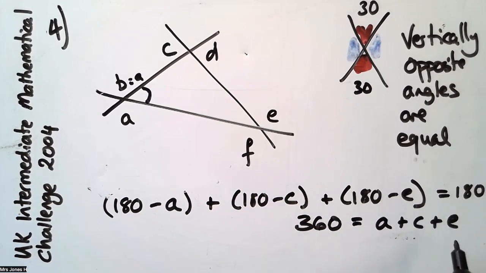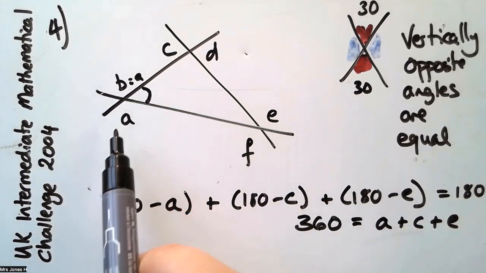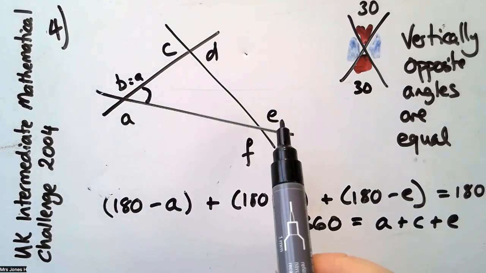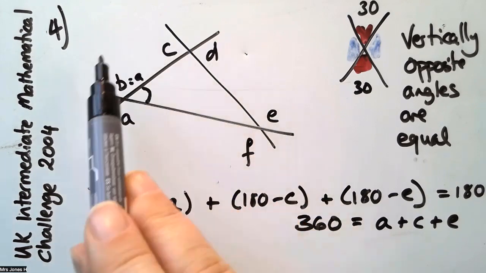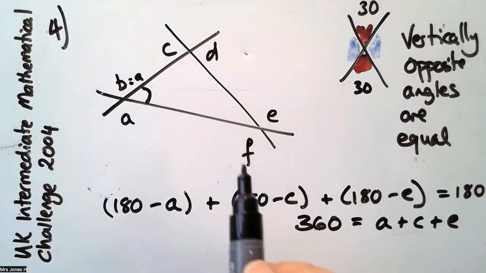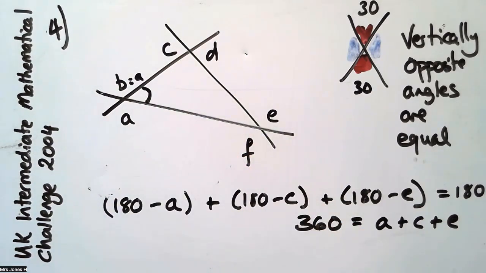to be this. If I wanted to see what 2 lots of those were, we know that A and B, C and D, E and F, if you add them all together, what you've got is 720, because we're looking at double.